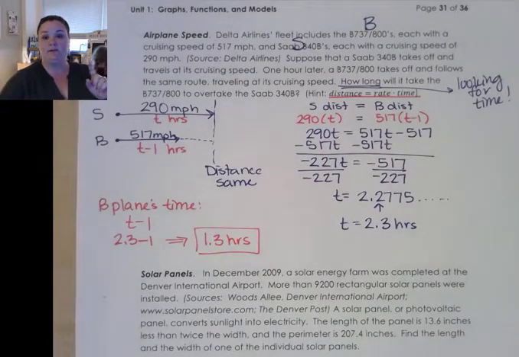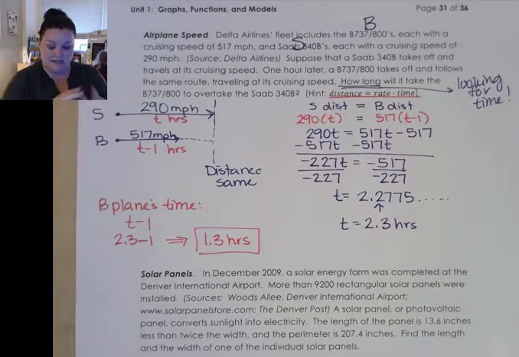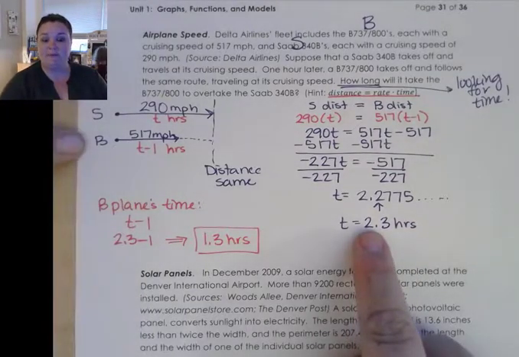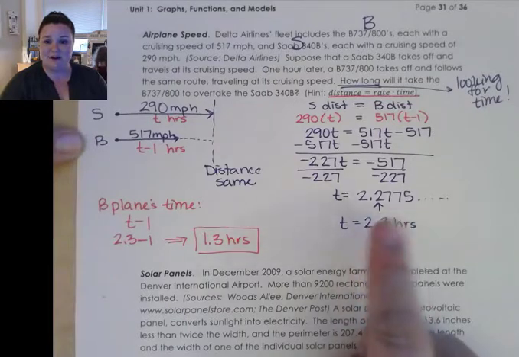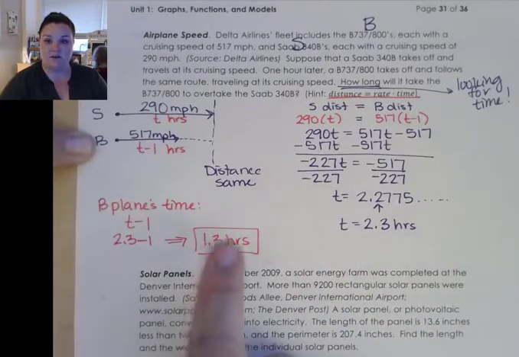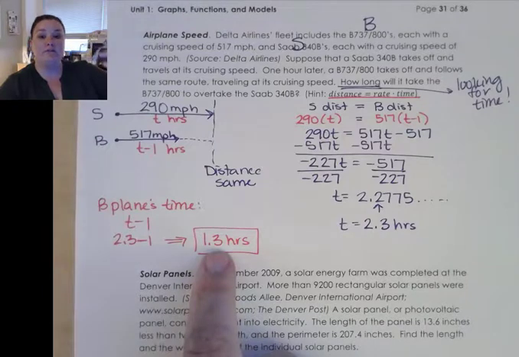So really quickly, I want to mention your problem might ask for different things. It may ask, how long will the S plane have traveled before the B plane catches up to it? In which case, this would be our answer. If it asks, how long will it take the second plane to catch up to the first plane? Then this is our answer. Or it may say, how far from the airport will it overtake it?